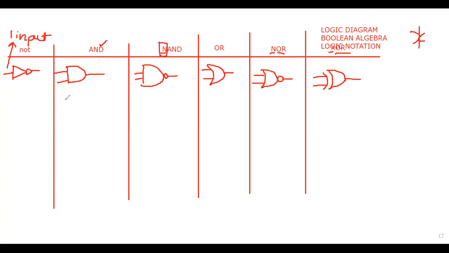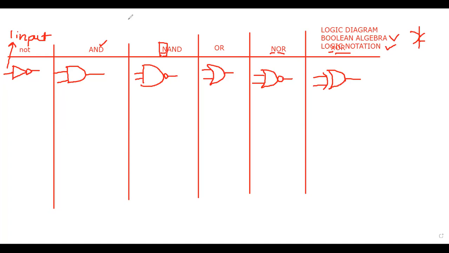Okay. Now these are all the logic diagrams of all types of gates that you have got included in the course. Okay? Does anyone have any confusion? I hope you have memorized all the diagrams. Yes, miss. Okay. Now we are moving to the functions of these gates, and based on the functions, we can decide the Boolean algebra and the logic notation.